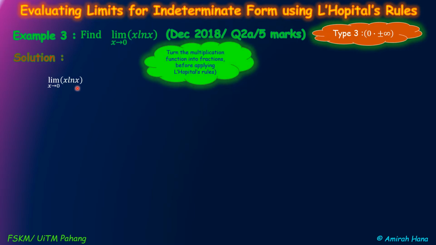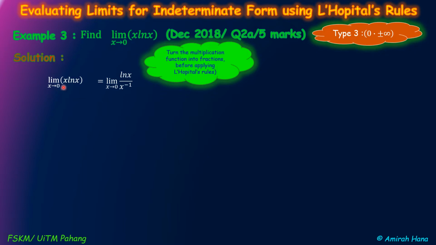So the first step is to turn the multiplication function into a fraction before we apply L'Hopital rule. Between x and ln x, x is easier to change into the denominator because we want to write a fraction.